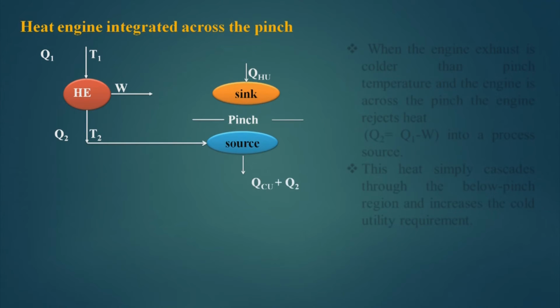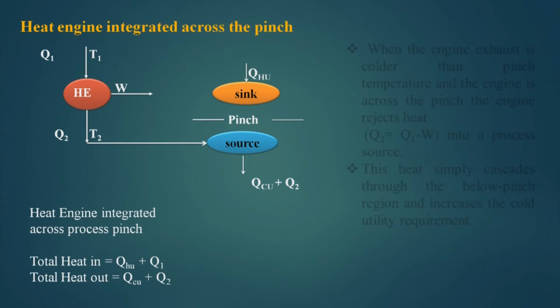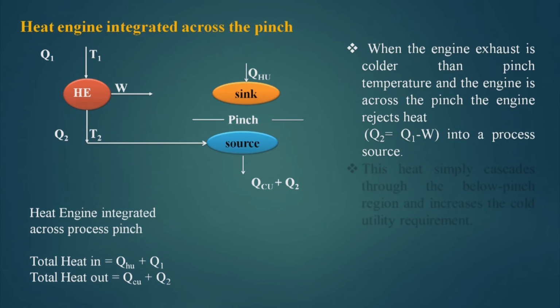Now, we see across the pinch. Heat engine integrated across the pinch. When the engine exhaust is colder than the pinch temperature and the engine is across the pinch, the engine rejects Q2 amount of heat into the process sink.